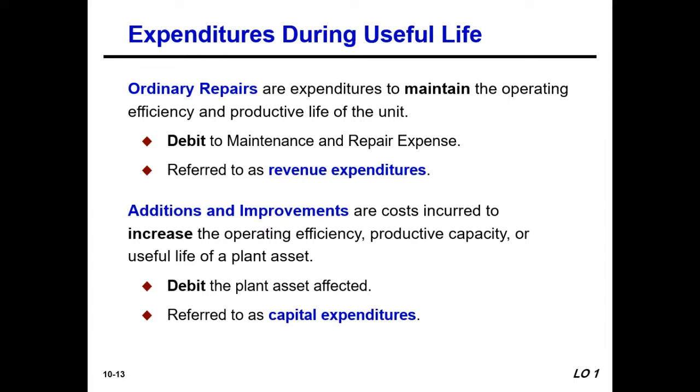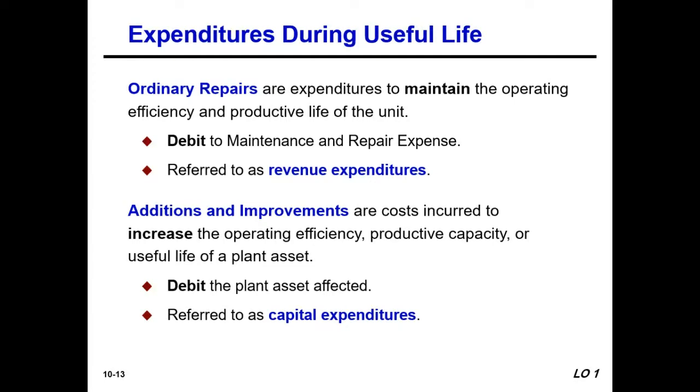The purpose of that one is to increase the productive capacity or life of the asset. But ordinary repairs are to maintain, and additions and improvements are to increase. Understand the transactions to record entries.